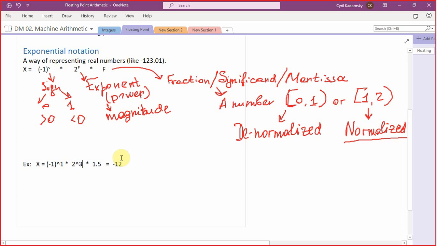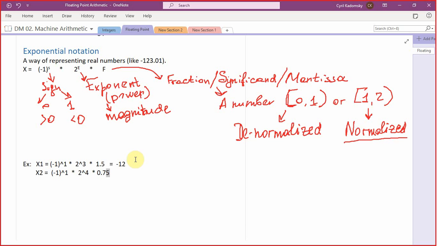Okay. The next thing that we need to observe here, let's consider another example. Let's call it x1, and we will have x2. x2 will have a similar representation, minus 1 power 1 multiplied by 2 power 4, for example, and here we will have 0.75.